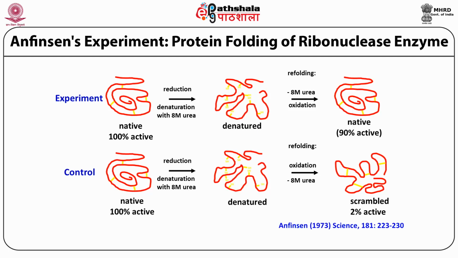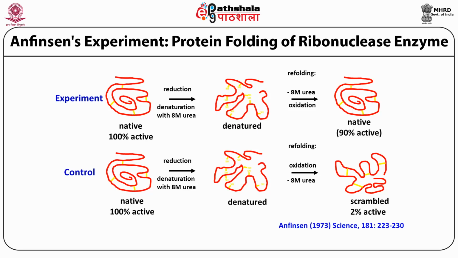The harsh conditions of beta-mercaptoethanol and 8 molar urea denatured this protein. Subsequently, when this denatured protein was subjected to dialysis to remove the 8 molar urea and then oxidized, we find that the protein refolded and almost 90% of the molecules were in the active form.